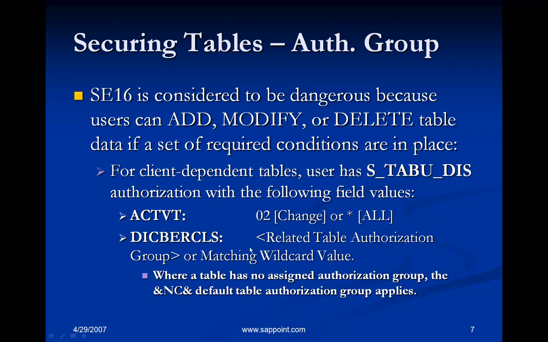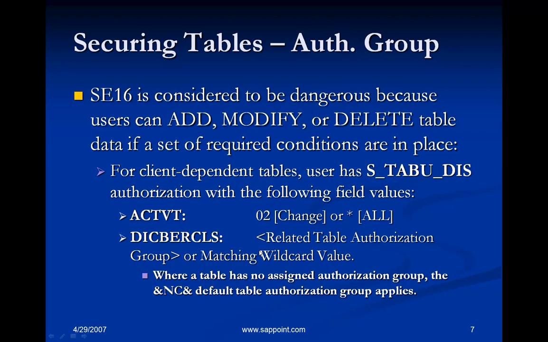Now, like programs, SAP standard programs are assigned to authorization groups. Similarly, tables in the SAP system are grouped into authorization groups. Now, if a table is not assigned to any group, then $NC$ becomes the default authorization group for that table.